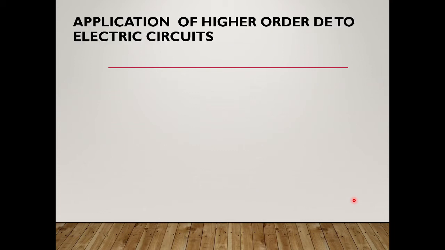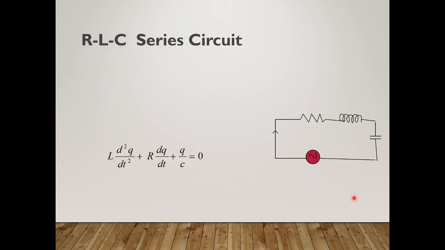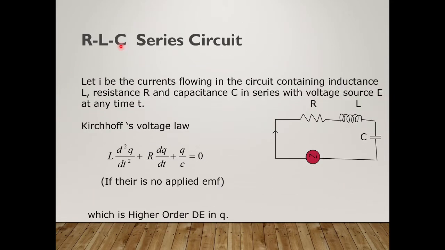Now, applications of higher order differential equations to electric circuits. Here we consider the RLC series circuit and the LC series circuit. For the RLC series circuit, resistance, inductance and capacitance are connected in series, and by Kirchhoff's voltage law we formulate the differential equation.